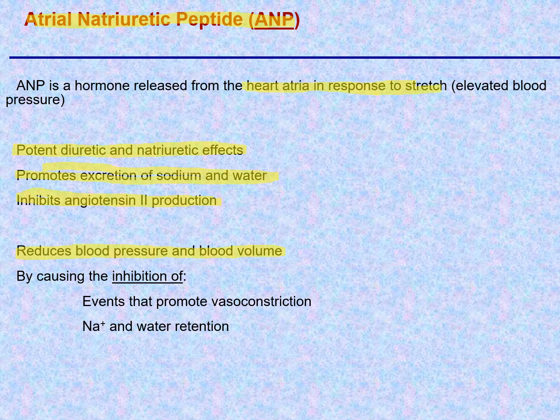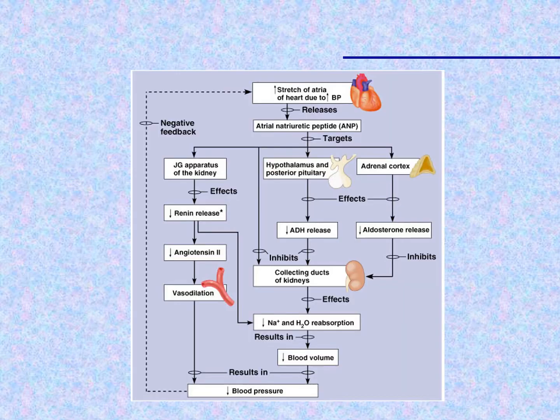It does that by inhibiting all the events that promote vasoconstriction and all the things that cause sodium and water retention. So it's very effective at causing diuresis and natriuresis, release of sodium and water, and therefore leading to a reduction in blood pressure and blood volume.